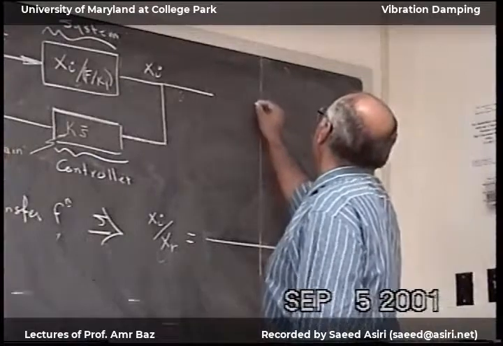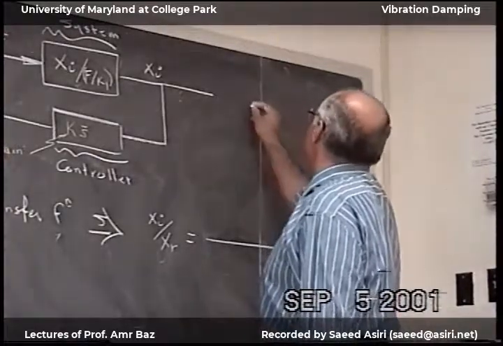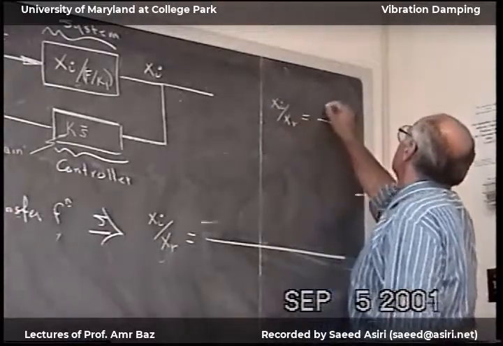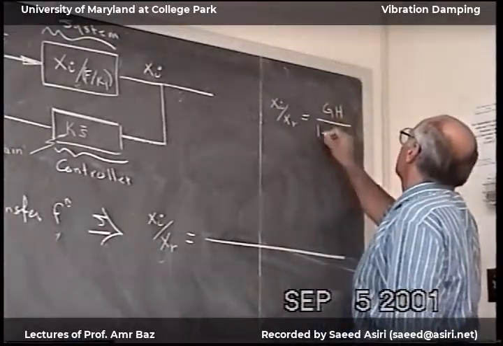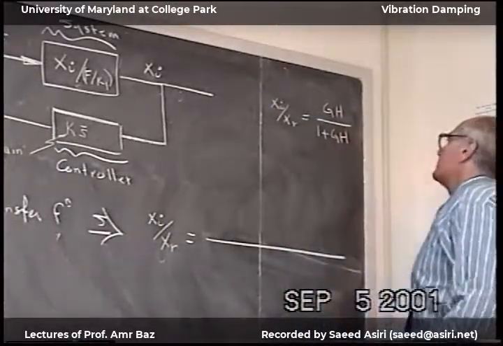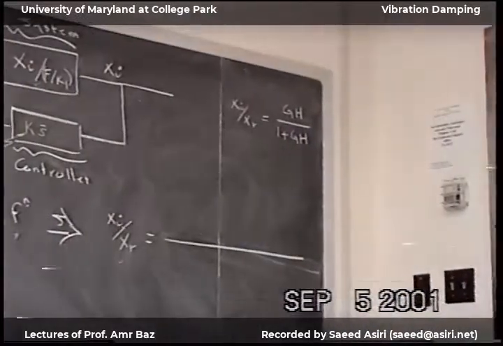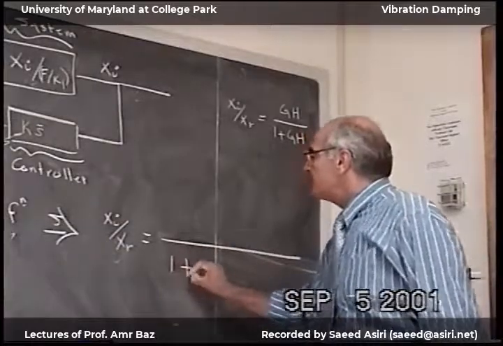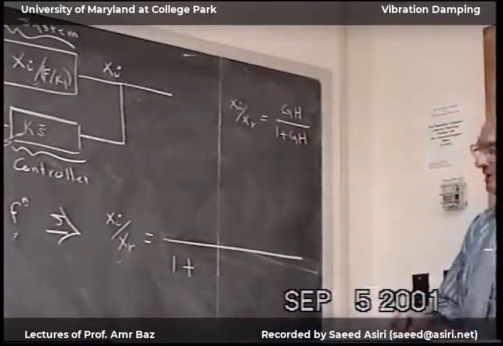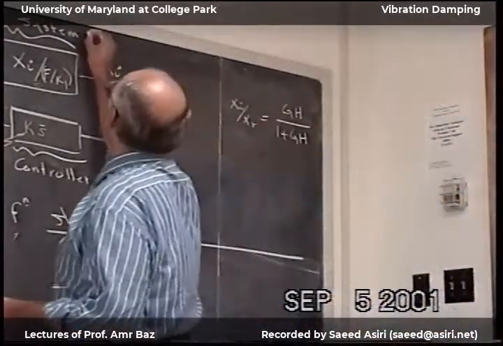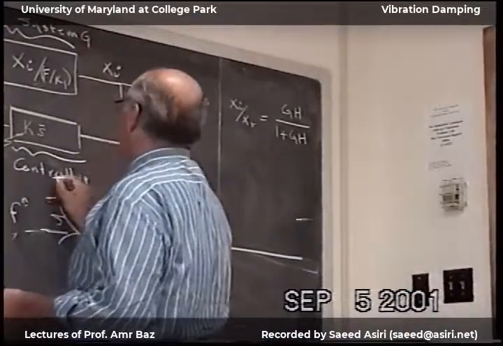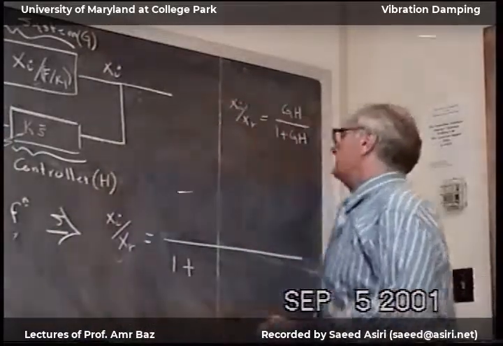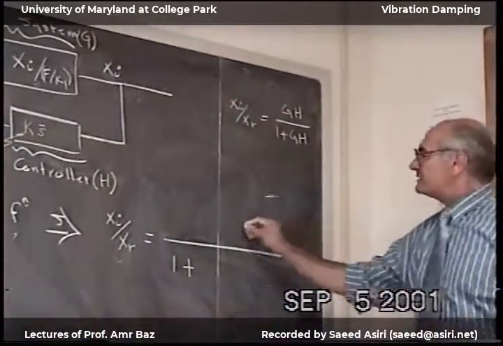We said the transfer function xi over xr will equal to G over 1 plus GH, and the denominator will equal to 1 plus the G is, and the H is this. Okay, I'm gonna leave this.